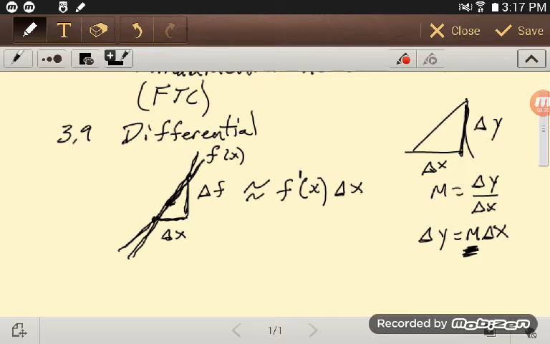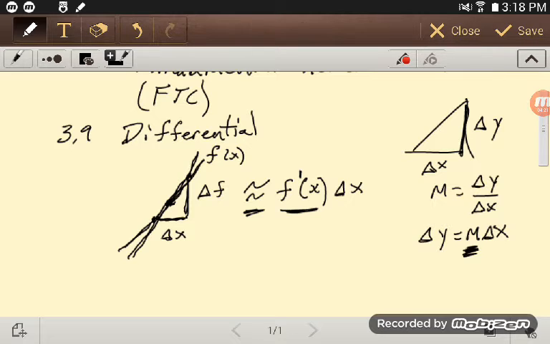That slope is our derivative, and there's the delta x. When we're talking small enough items, this is really close. We can say it's approximately the same, but when they're very close together, they're definitely very close to the same.